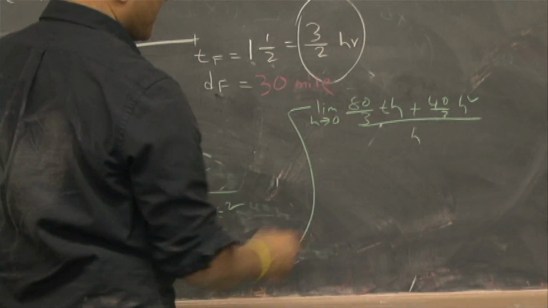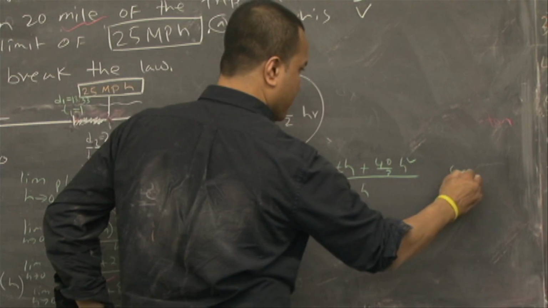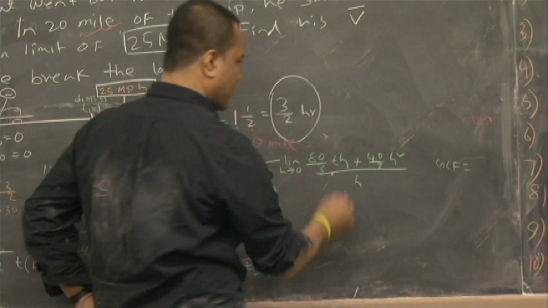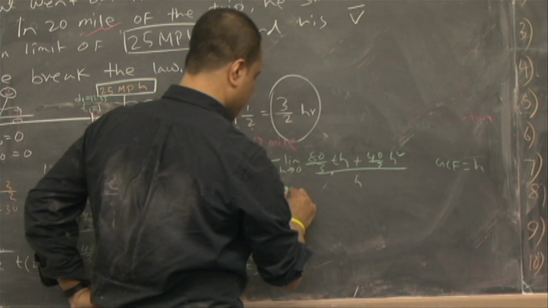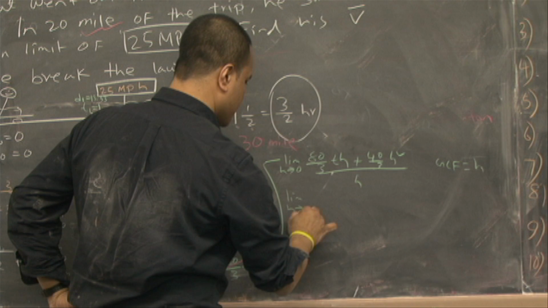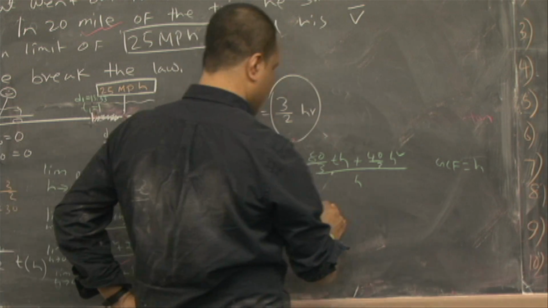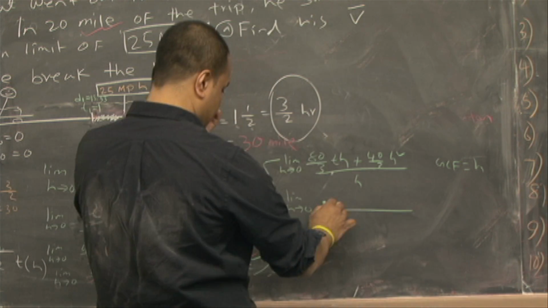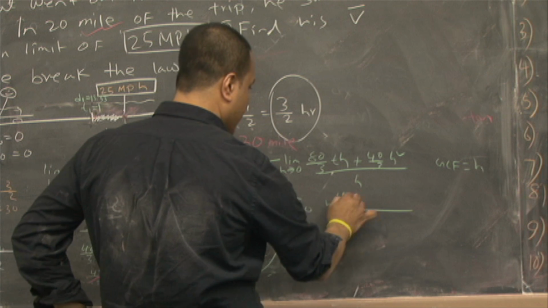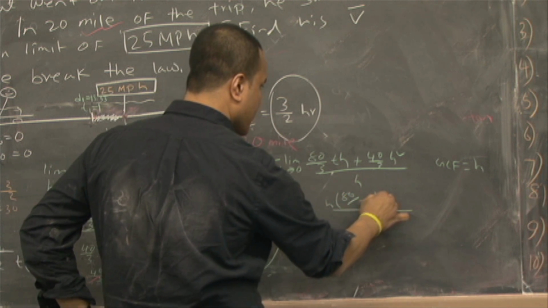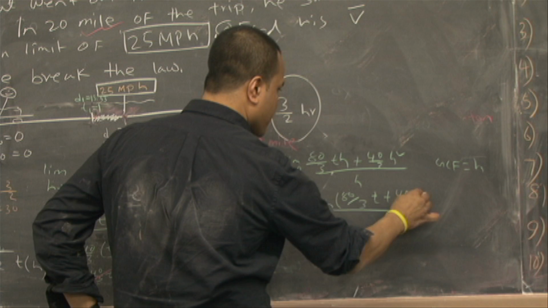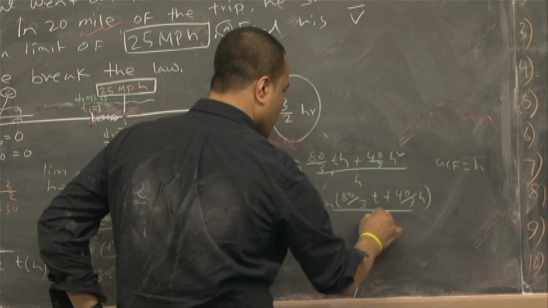Now, what is the GCF? The GCF is h. So h is our GCF: 80 over 3 t plus 40 over 3 h, over h.